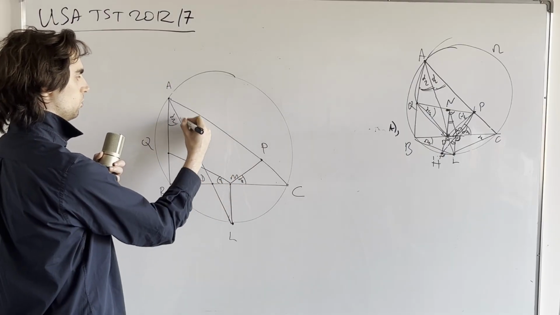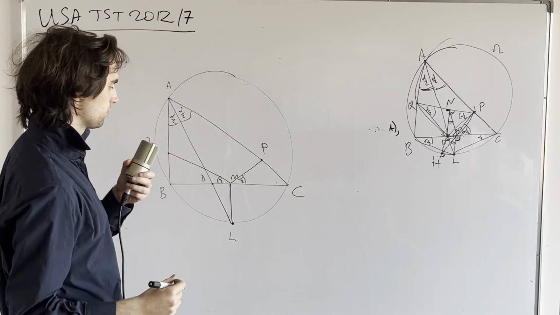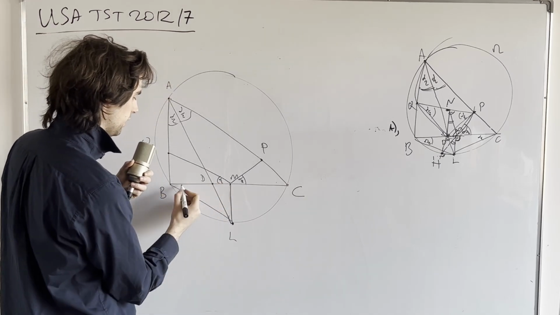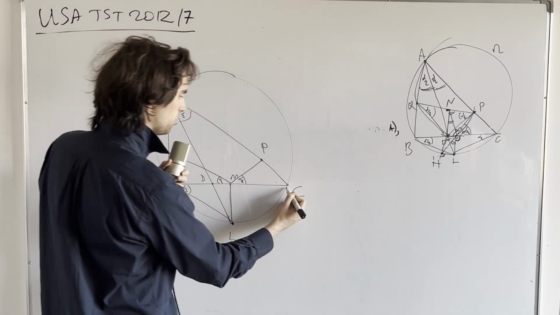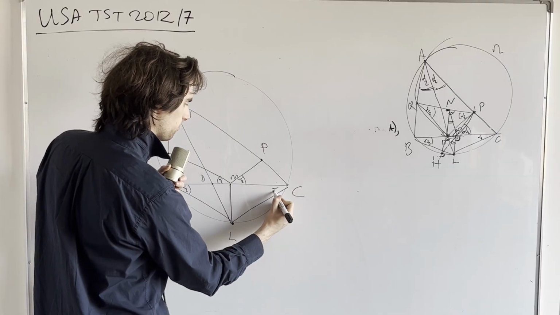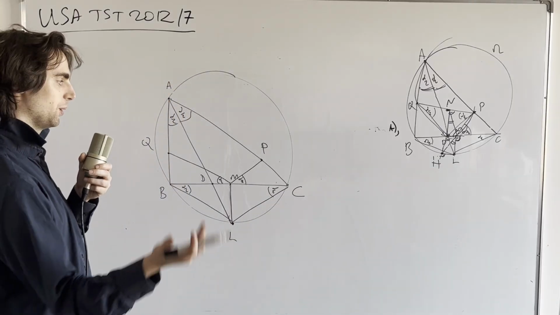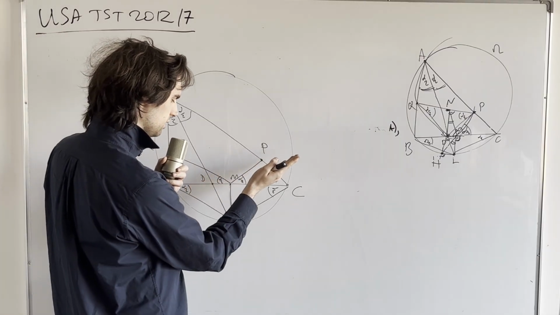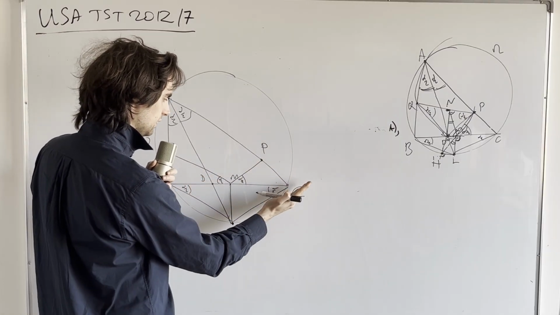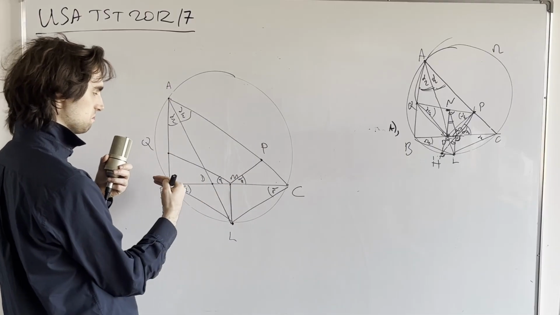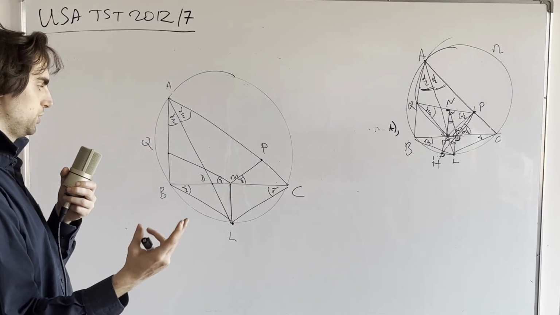Okay, so we have all these alpha halves. We have alpha half here, and alpha half here and here, which says what? Well, it says that MP is now parallel to LC, and MQ is parallel to BL. We need to prove something.